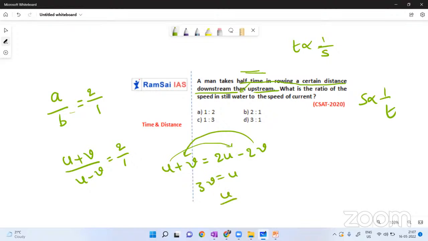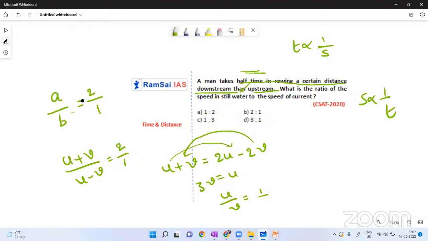So U by V equal to, wait, 1 is to 3. Is it 1 is to 3 or 3 is to 1? Just confused. Let me check it once. Equal to 3V.